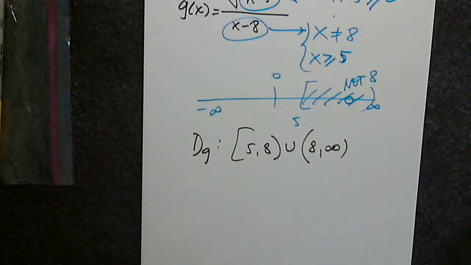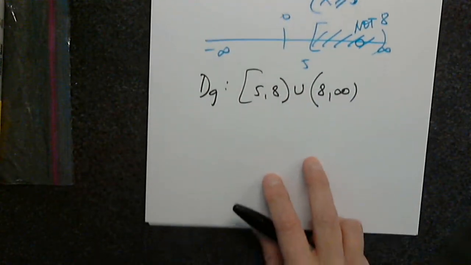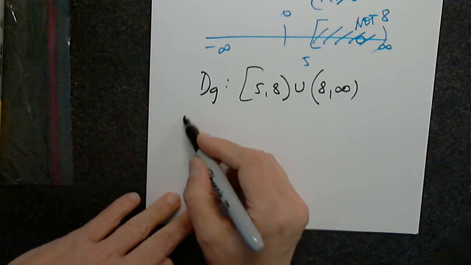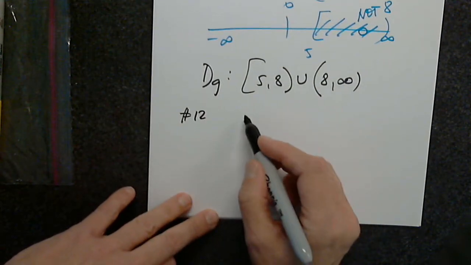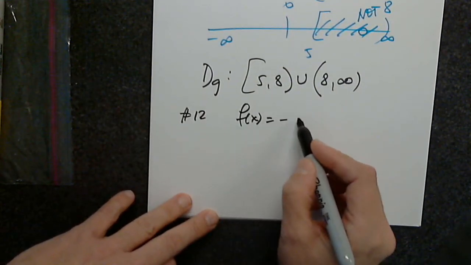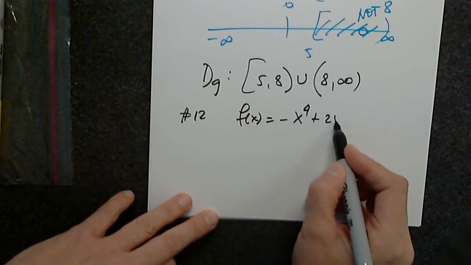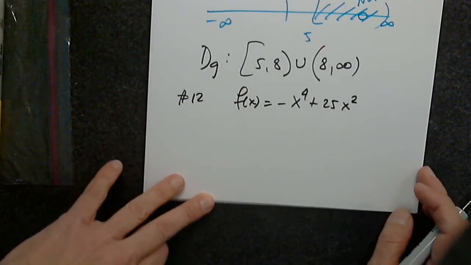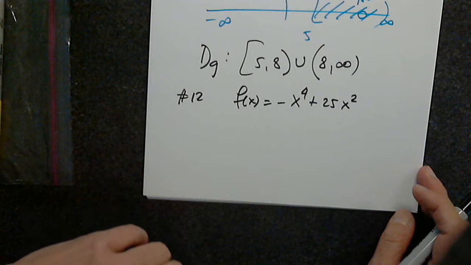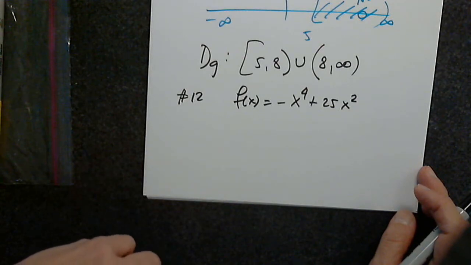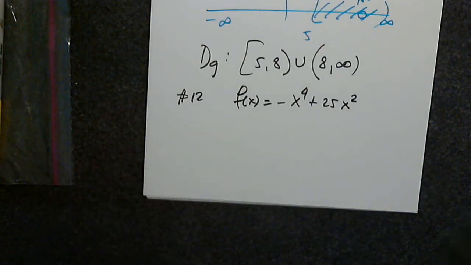Number 12. That's it. Very good. So let's look at number 12. So we have f of x equals negative x to the 4th plus 25x squared. Becca, is this what you meant? You want the rational inequalities? No. Okay.